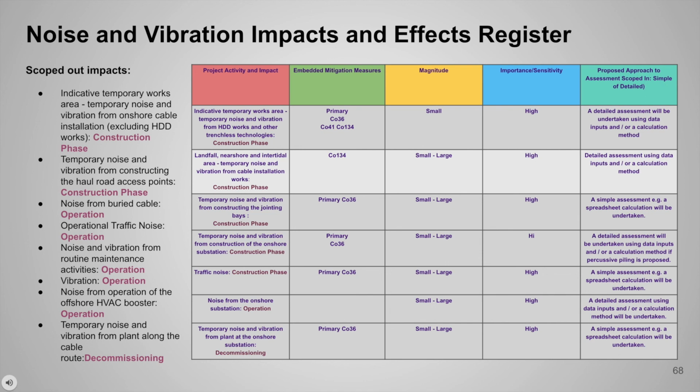The cable installation works in the landfall area will be located at least 200 meters from noise sensitive properties. The magnitude of this would be small to large, and importance would be high. Some of the scoped out impacts would be noise from buried cables, operational traffic noise, and so on.